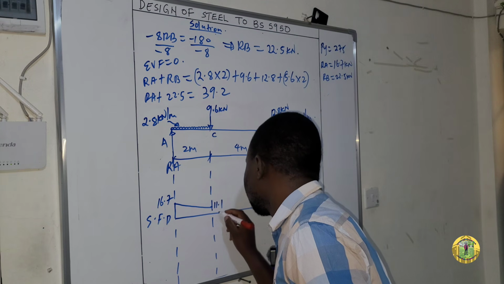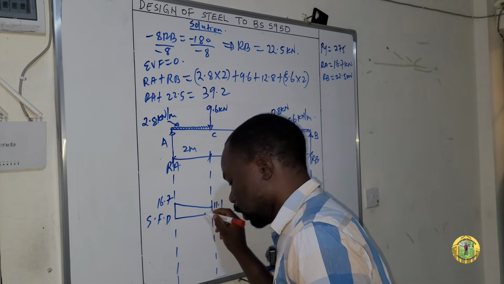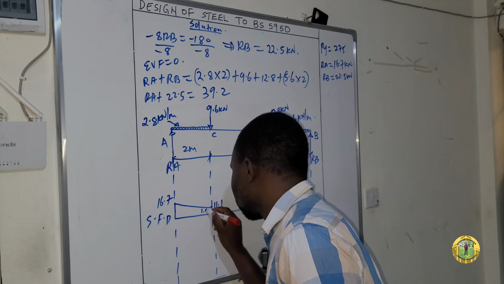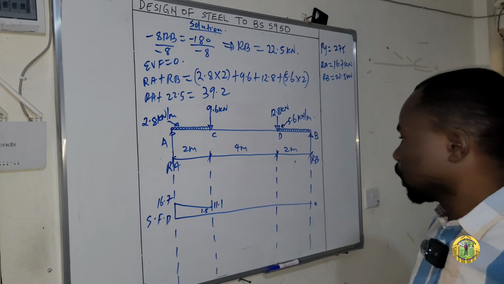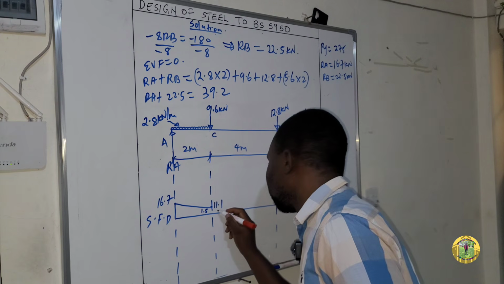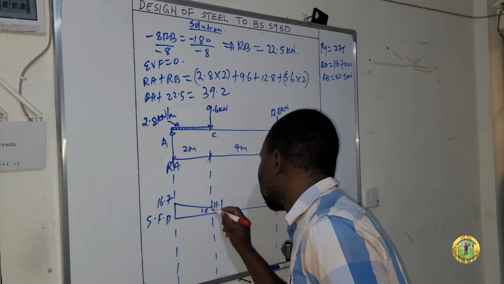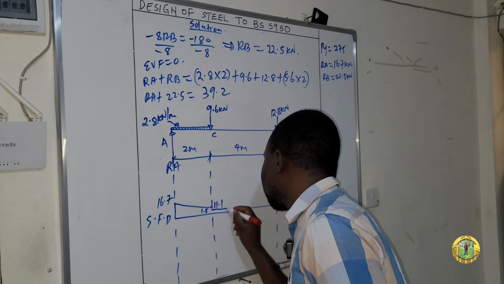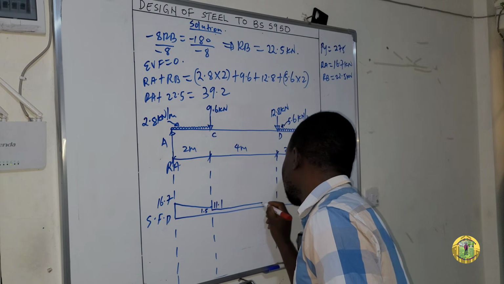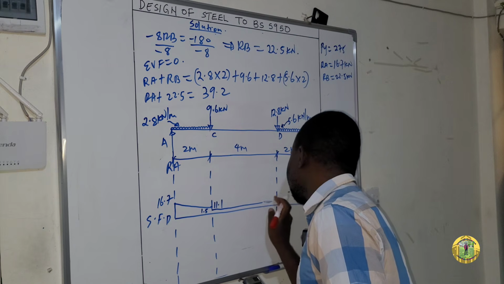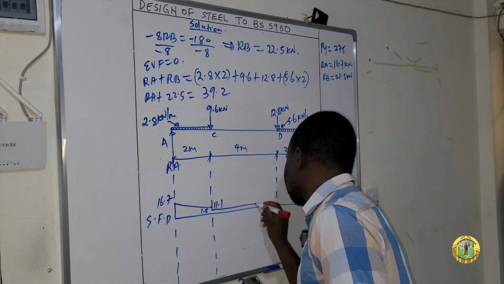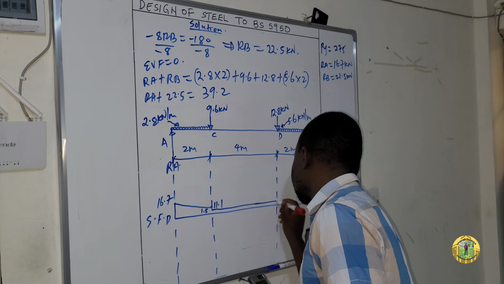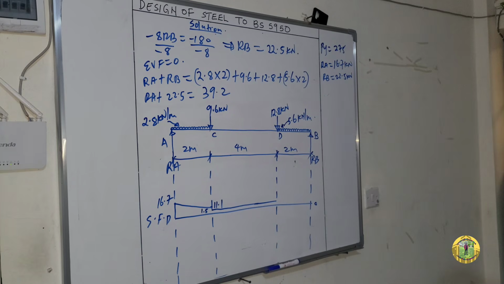Somewhere like there, this is 1.5. And then this line will be constant because there is no loading up to the next loading, like that.